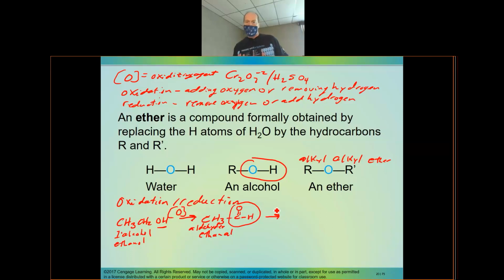Now you can further oxidize it. So do a second oxidation, and we get this compound. And this one, we see that that is a bond. All right, so we see that we have a carboxylic acid.